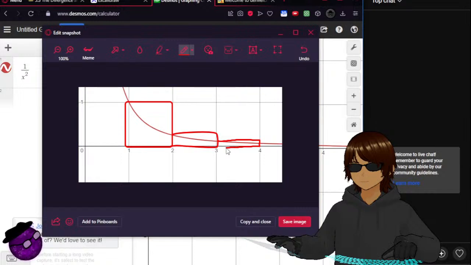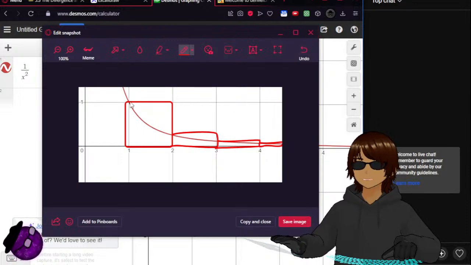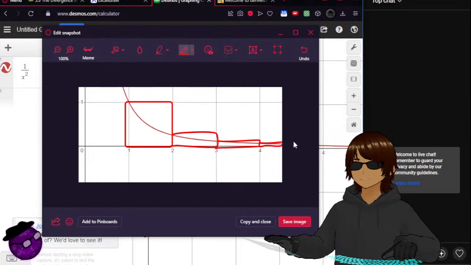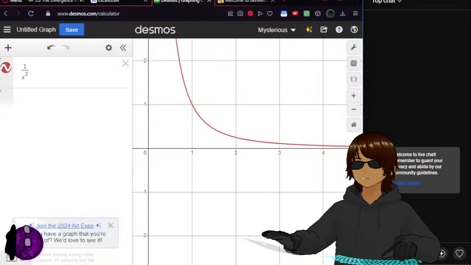This area is 1 times 1 over 3 square, 1 over 9. This area is 1 over 16, and so on. And then the integral from 1 to 5 would be the lower bound of 1 plus half plus 1 over 9 plus 1 over 16. It would be lower than that.